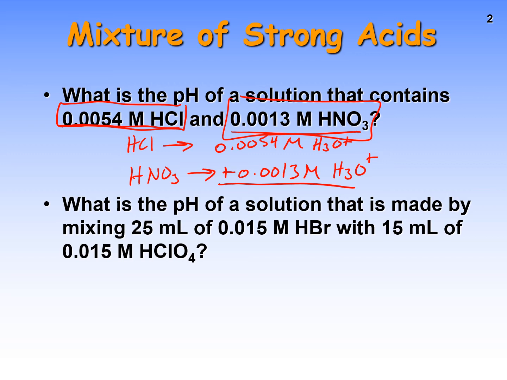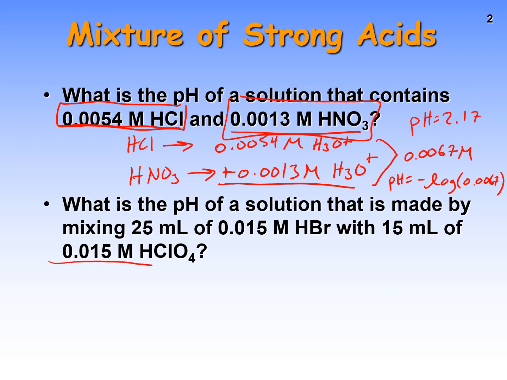We don't need to worry about volumes here in this problem, which tells me that the sum of these two is going to be equal to 0.0067 molar. Now to get pH, I can just say, hey, negative log of 0.0067 gives me my pH of the solution. And that's the whole problem here in this case, which gives me a pH that's pretty acidic. Obviously, our pH in this case should be around 2.717, sorry.